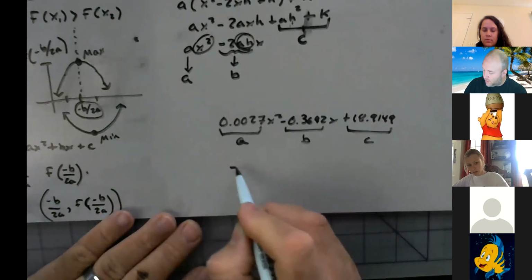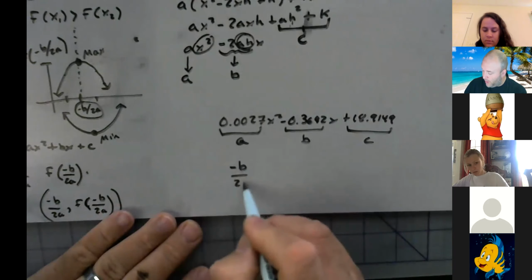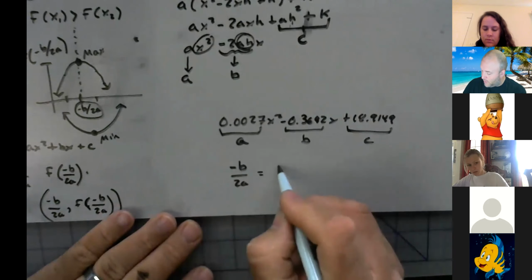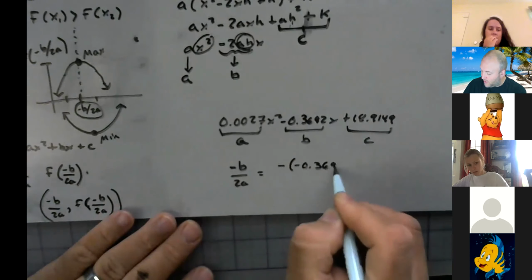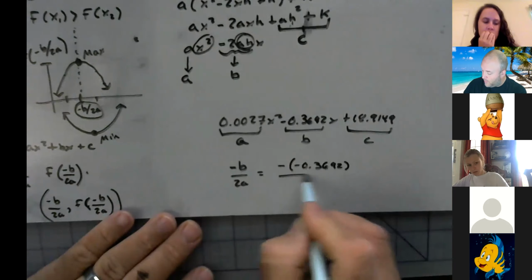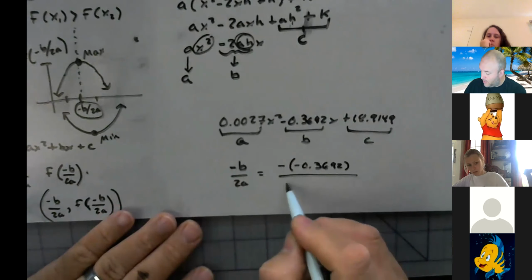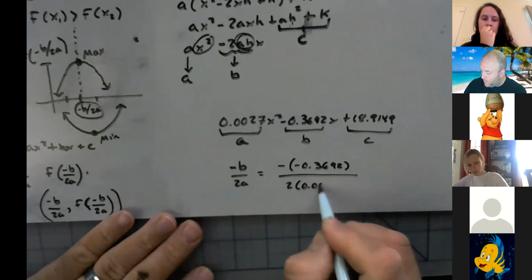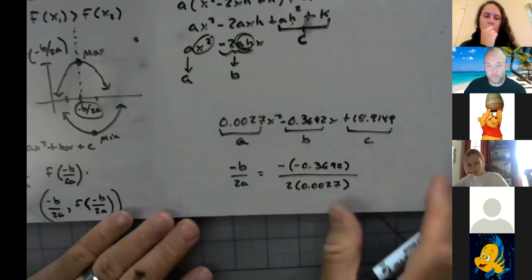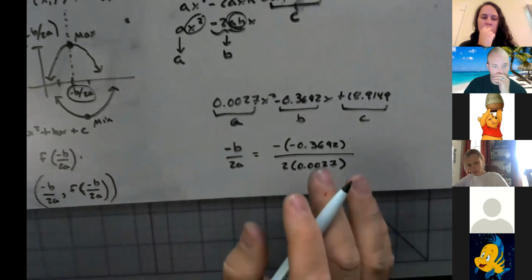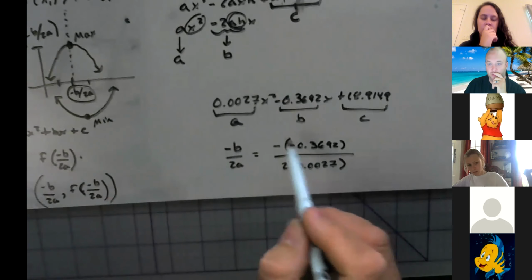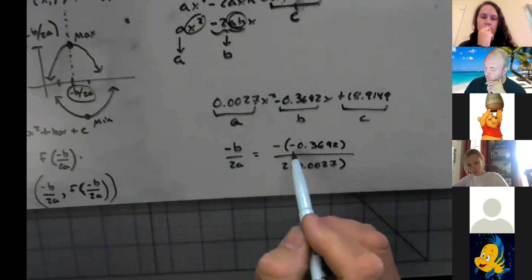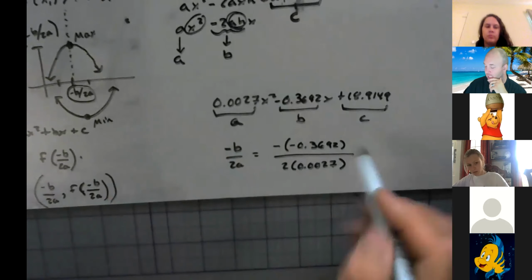My vertex is occurring at negative B over 2A. So that's going to be negative times negative 0.3692, divided by 2 times 0.0027. So we get that little tricky negative piece here. That could be a little problematic. But you think, oh, it's already negative, I don't need to negate it.